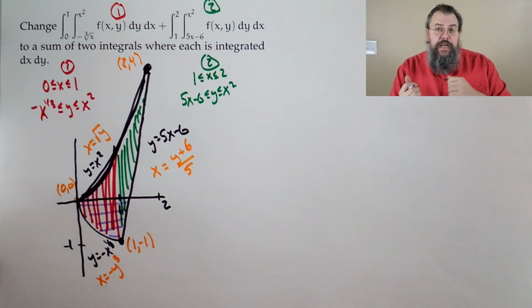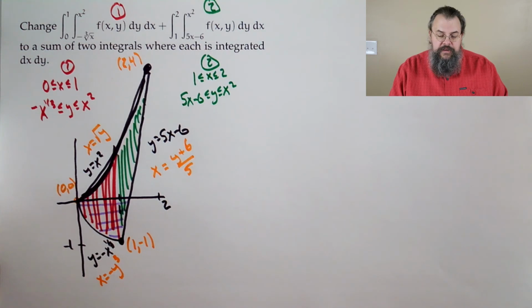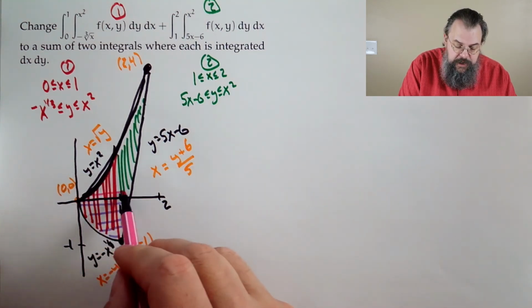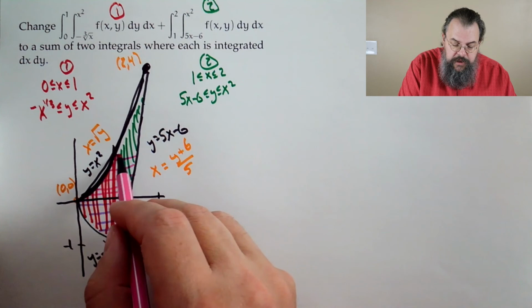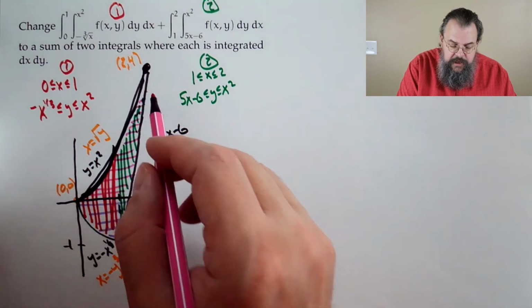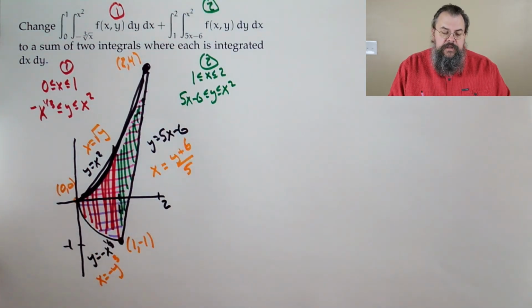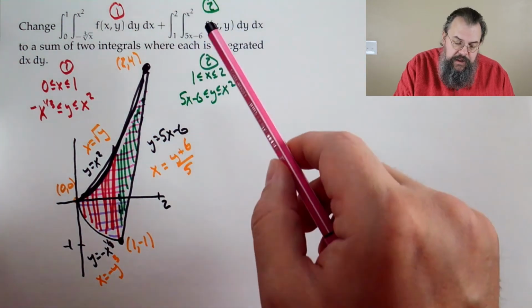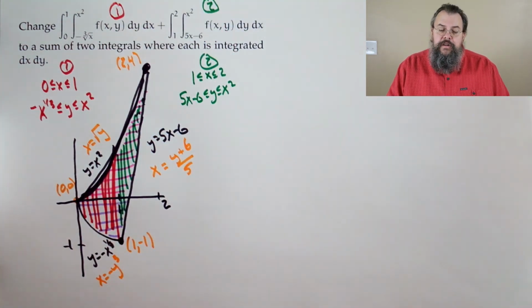And when you have a change in a bounding curve, that says, oops, we need to change our integral, so we need to split it up. So we have to cut our integral at 0. But the other interesting thing to look at is that it's not the case that this integral here becomes one of our new integrals and that integral becomes a different new integral. It's like, no.